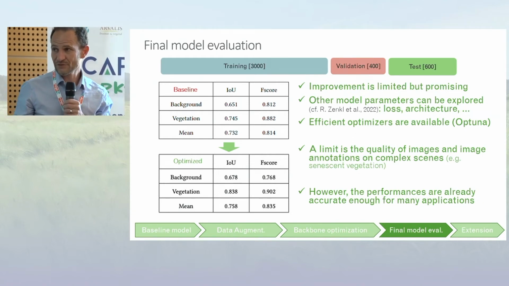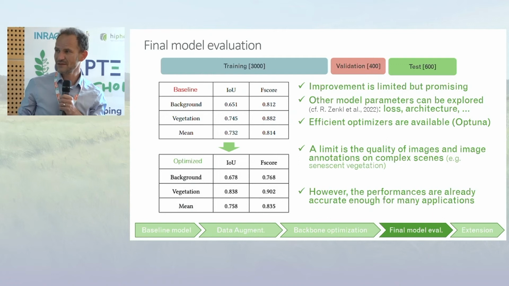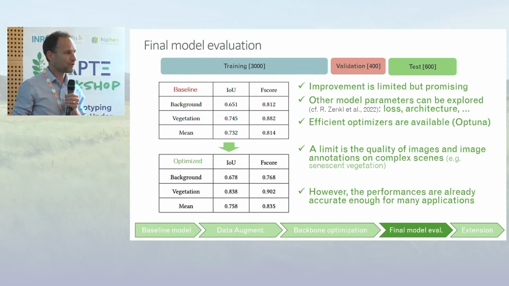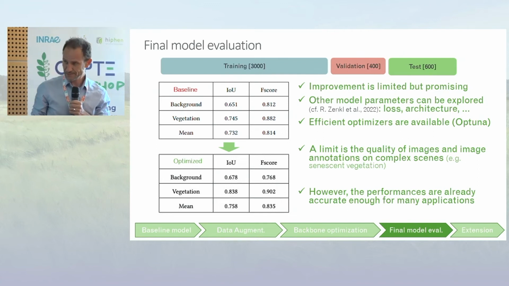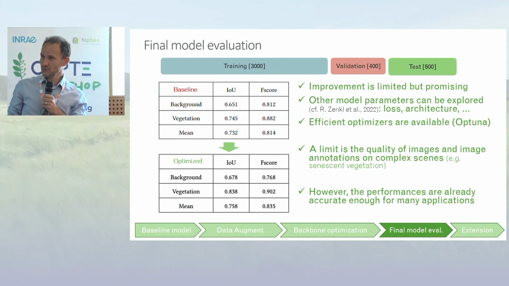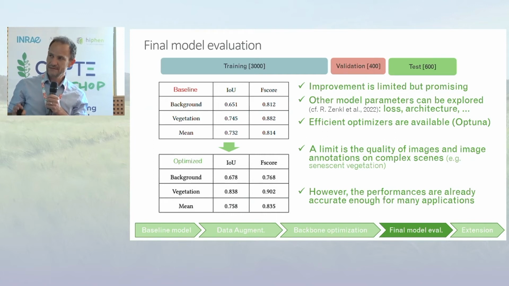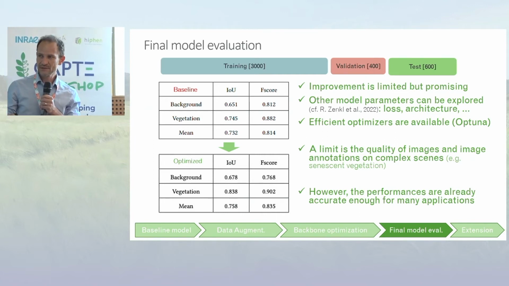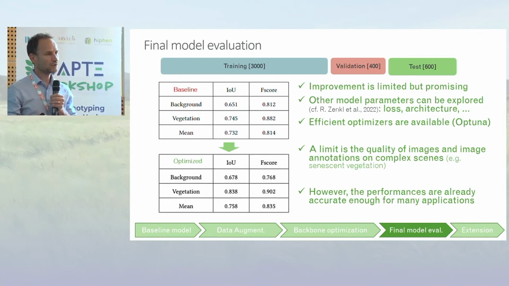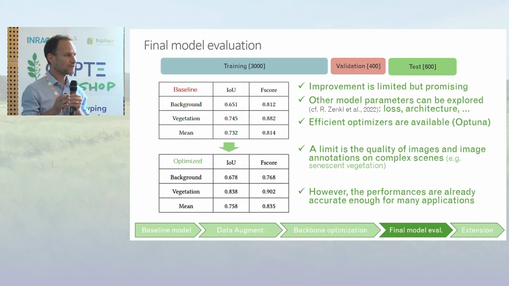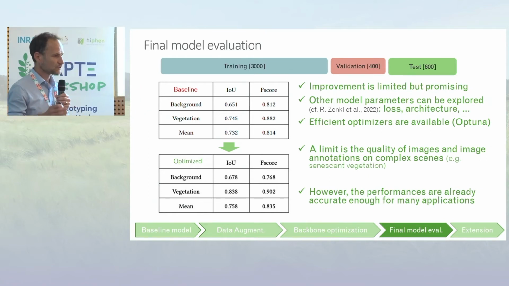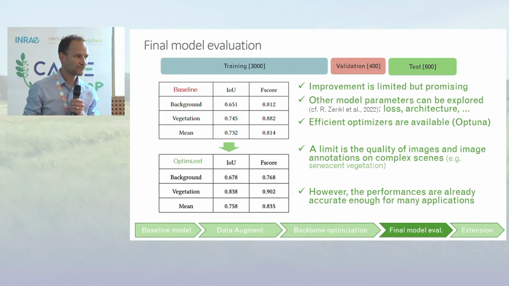However, we consider that the performances are good enough for many applications that I will show you now. The mean IOU seems not too high, but if we think about pixel accuracy, we are probably around 0.93, so 93% precision.